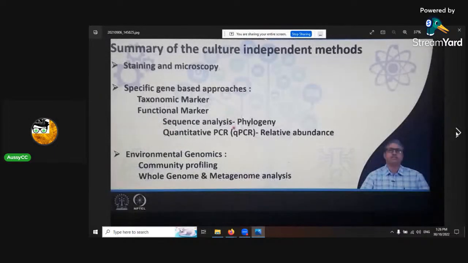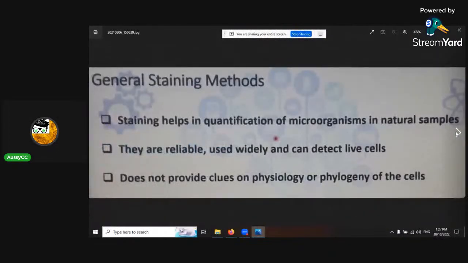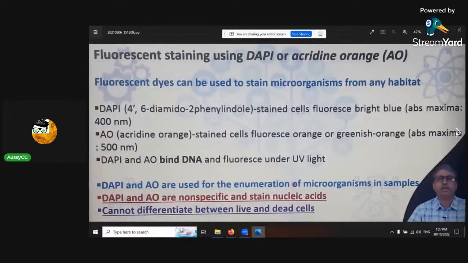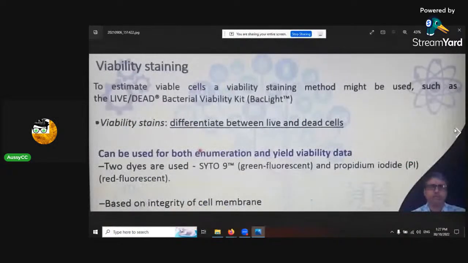Summary of culture-independent methods. Staining methods. DAPI. Yep, it binds, it's fluorescent though. There it is, fluoro. I don't have a fluorescent. I got polarized lenses for my microscope, and I'm still yet to play around with this.